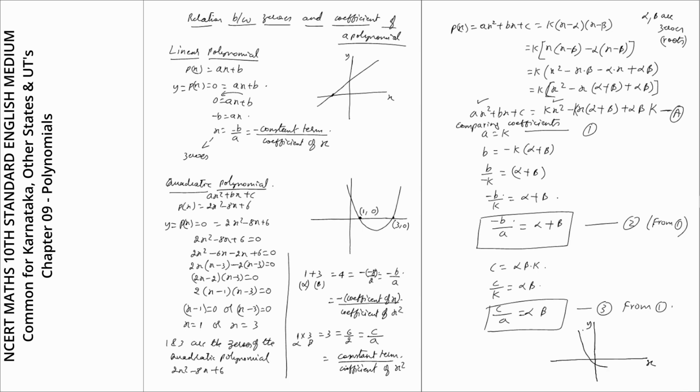Suppose it is like this, you can see that the polynomial intersects the x-axis at 2 points. One of these points will be alpha and the other will be beta. Alpha and beta are nothing but the values of x for which the value of y is 0. This is beta.